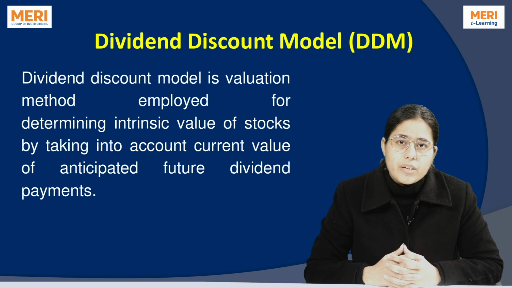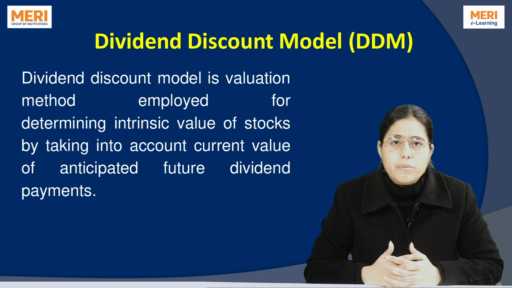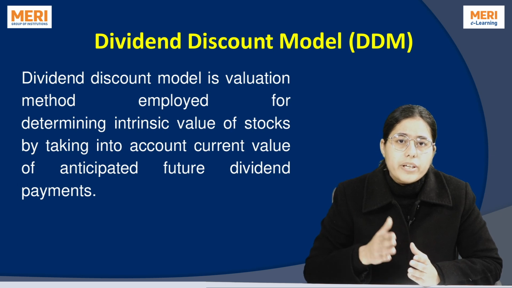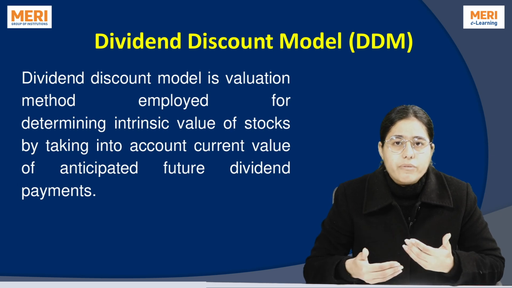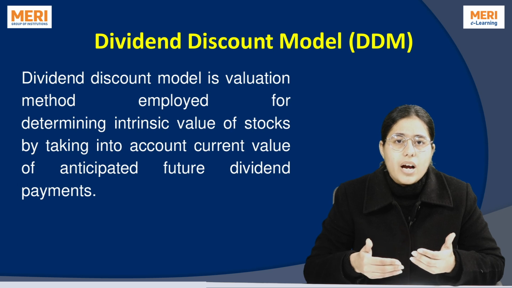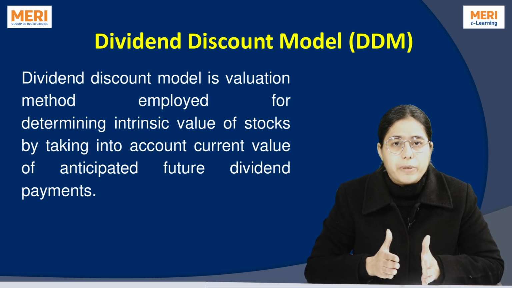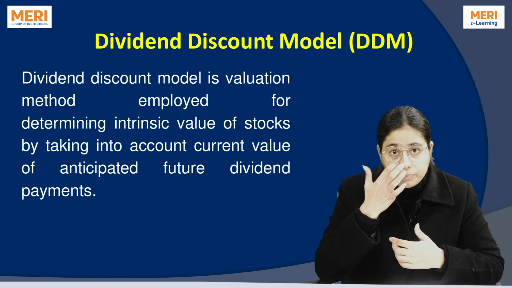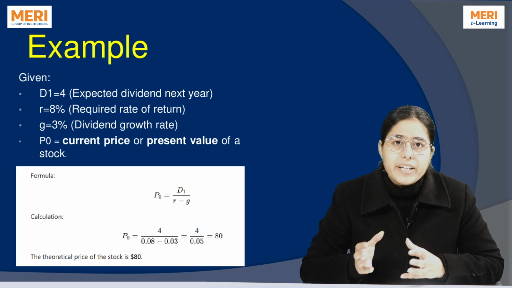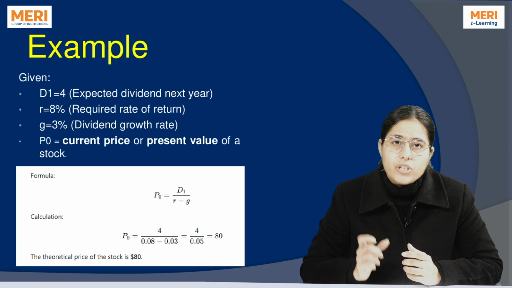Our next term is dividend discount model. Dividend discount model is a valuation method employed for determining the intrinsic value of stocks by taking into account the current value of anticipated future dividend payments. Let us take an example. Dividend D1, the expected dividend of next year, is 4 per share.